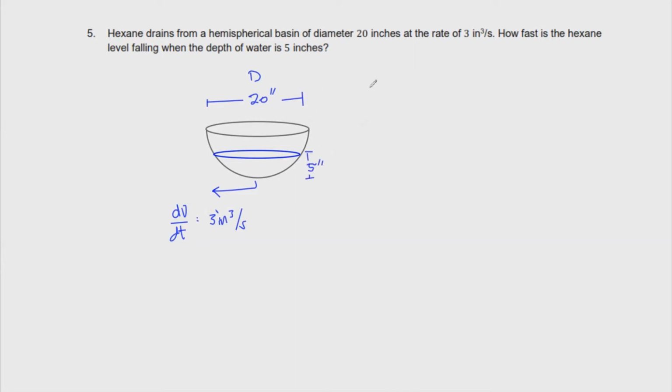Okay? What would be the rate of change of the level? So let's just use dh over dt in this case. So this is our height from the bottom. Okay? So you might be thinking that it's easy, sir.